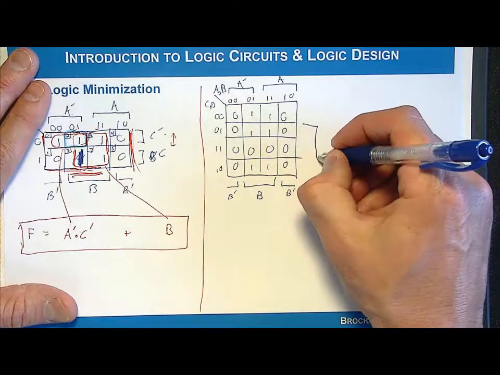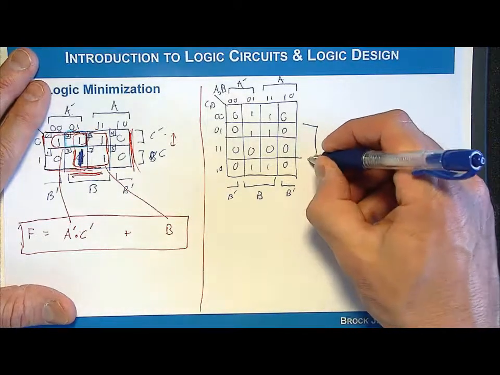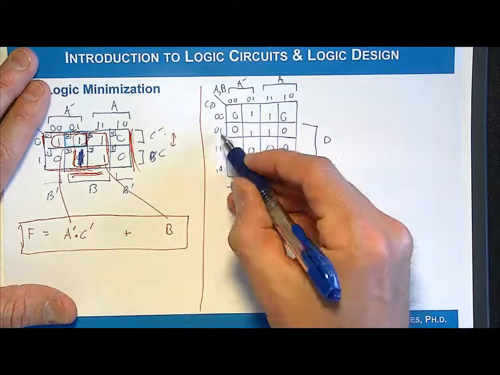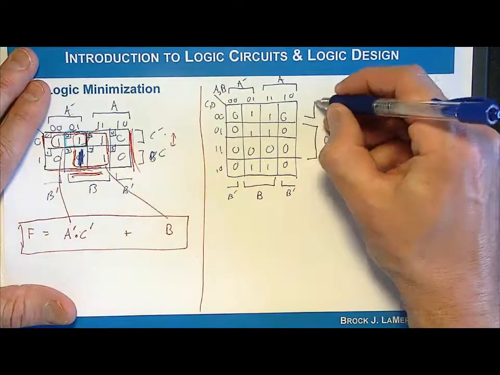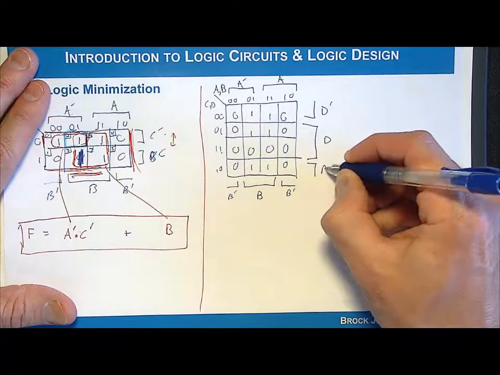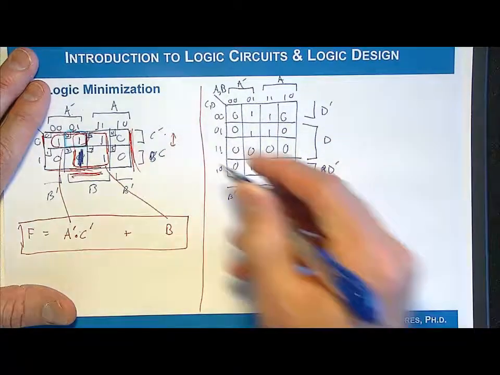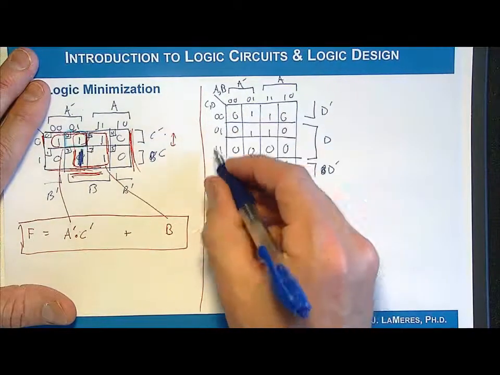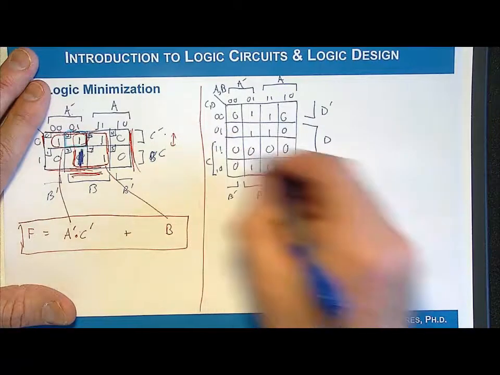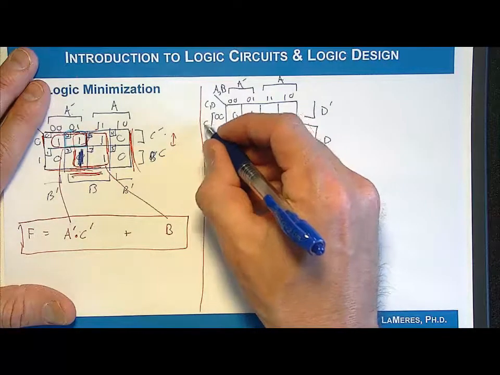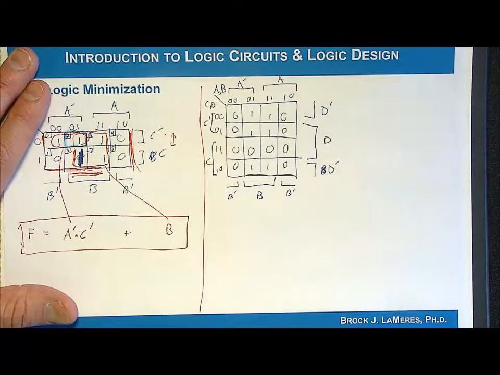These columns right here are where D is a 1, so I label that D. These are where D is a 0, so I'll label them D naught. And then finally we have C is a 1 right there, and C is a 0 right there. Okay, so we have the Kmap, everything's labeled, and it's time to start circling.